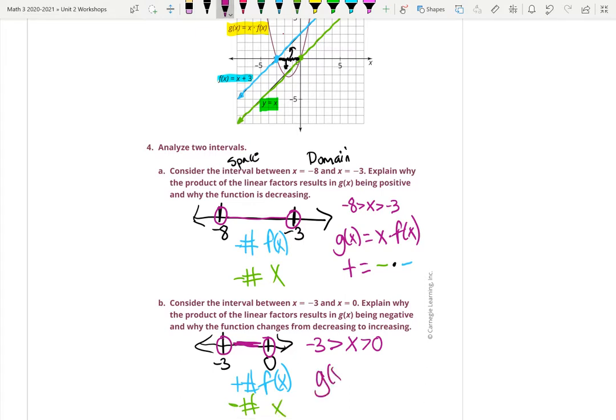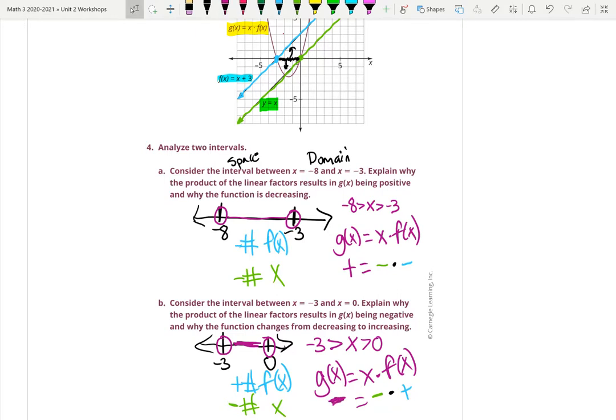Because g of x is created by taking x and multiplying it by f of x, you can see how a negative number times a positive number is going to result in g of x being a negative part.